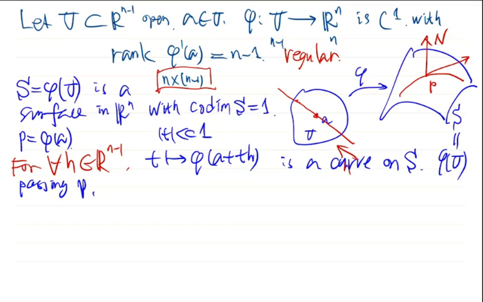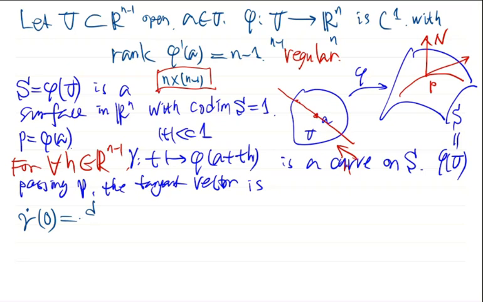Now the tangent vector of this curve, denoted by gamma, at the point P is the derivative at 0, because the point P corresponds to t equal to 0. So the tangent vector is the derivative of the map gamma at t equal to 0, which is the derivative of phi(A + th) at t equal to 0.